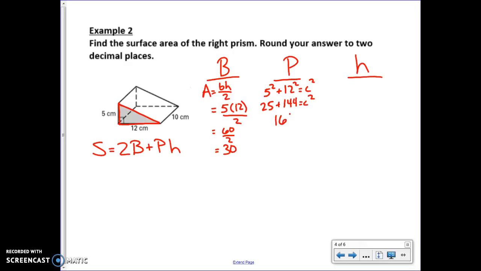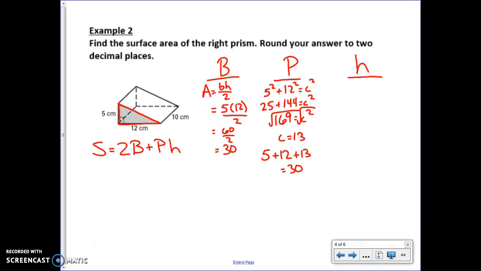So 169 is c squared. Square root of c squared is 13. That's not our perimeter, though. We need to add 5 plus 12 plus 13. So 13 plus 12 plus 5 gives us 30 again. And that's just a coincidence that those are all the same.